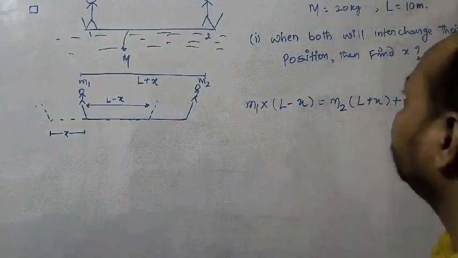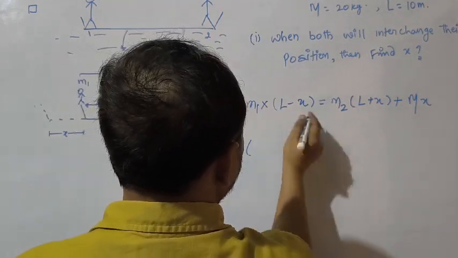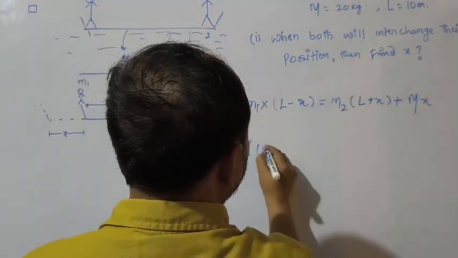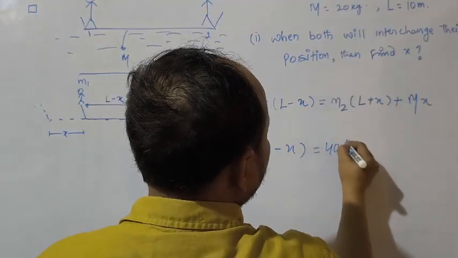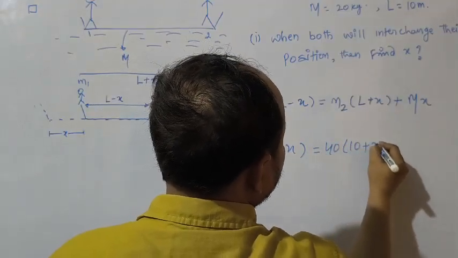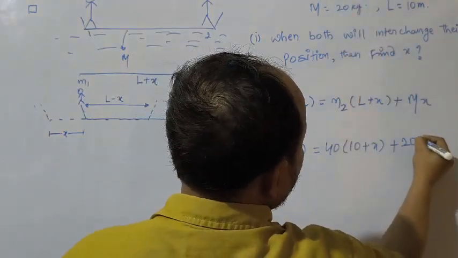Now putting the values, m1 is 60, so 60 into 10 minus x is equal to 40 into 10 plus x plus capital M, 20 kg, into x.